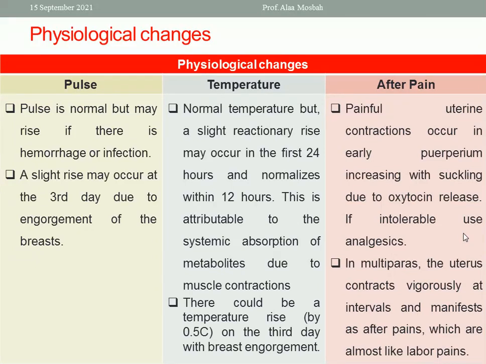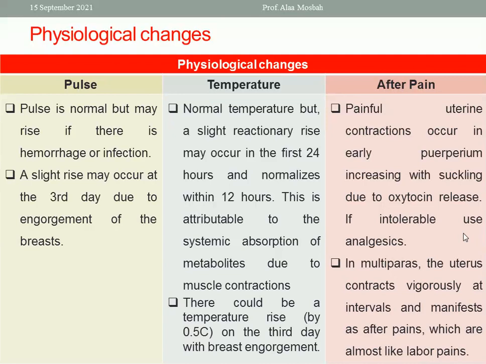We know that the breast becomes engorged with milk and ready for lactation at the 3rd day. There may be mild elevation in temperature, ½ degree. What about after pains? What is after pains?